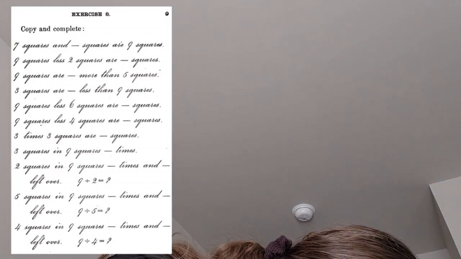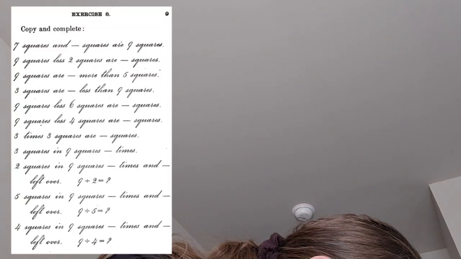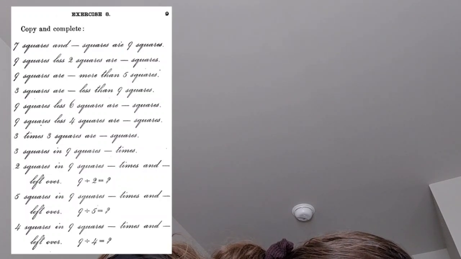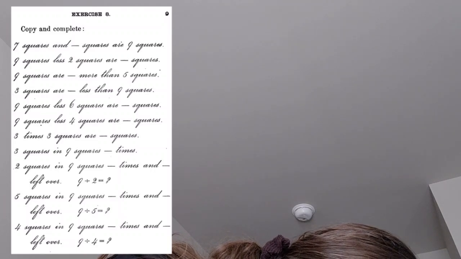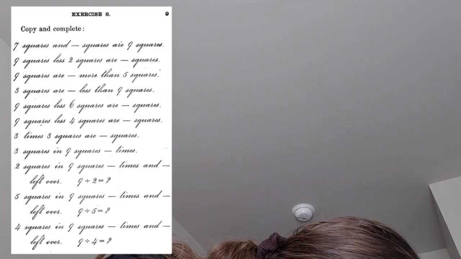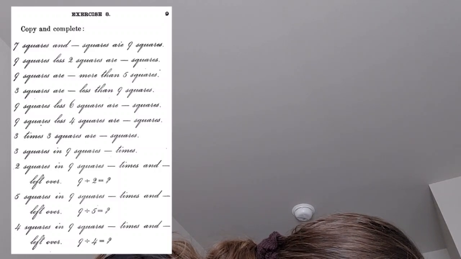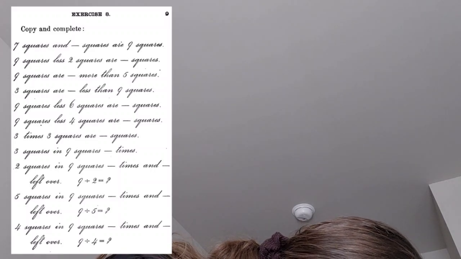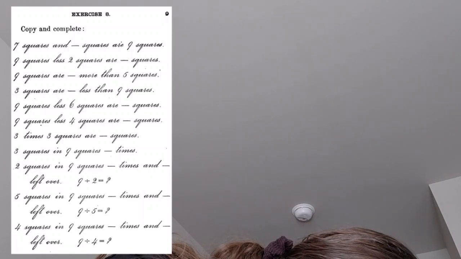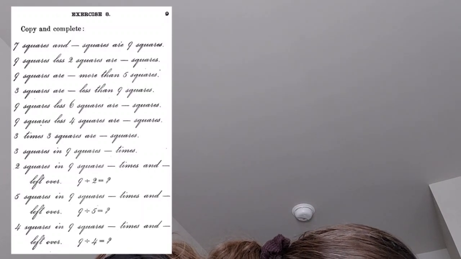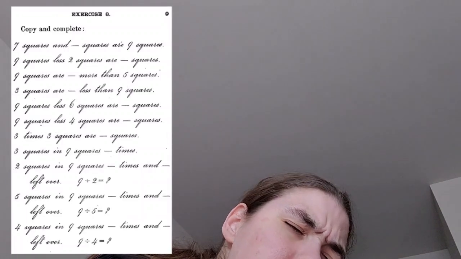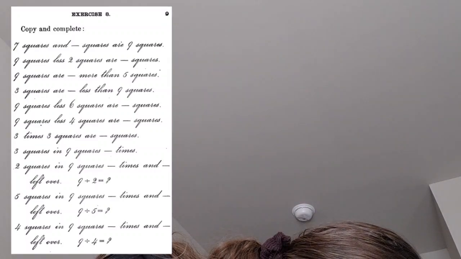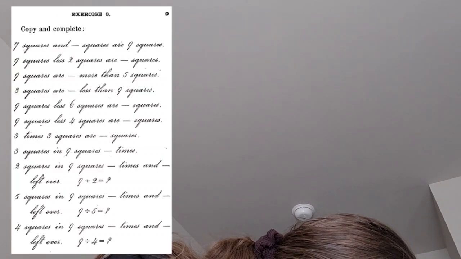Next one. 4 squares in 9 squares are blank times and blank left over. 5, oh gosh, I think I read that as 4. 5 squares in 9 squares are blank times and blank left over. 5 squares in 9 squares are 1 with 4/9 left over. 9 divided by 5 is 1.